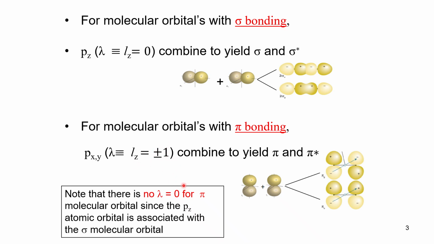These orbitals combine to produce the pi bonding molecular orbital and also the pi anti-bonding molecular orbitals. It is important to note that there is no lambda equals 0 for the pi molecular orbital, because that specific orientation, which is this one, is strictly associated with the sigma molecular orbital.